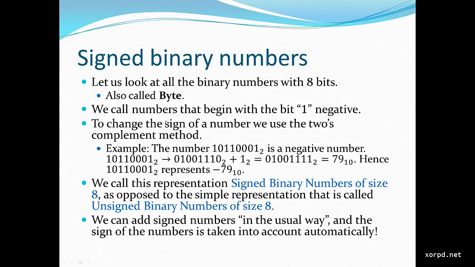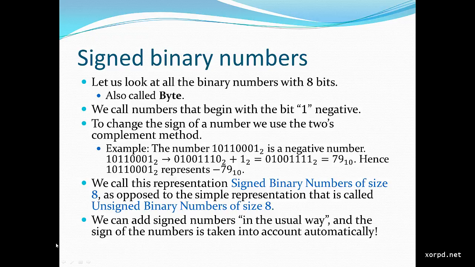The sign here is denoted by the first bit, but mostly in a virtual way. It's not really a sign. It's just the first bit that indicates the sign of a number. In the unsigned case, we just don't have signs because all the numbers are positive, just like we learned before.